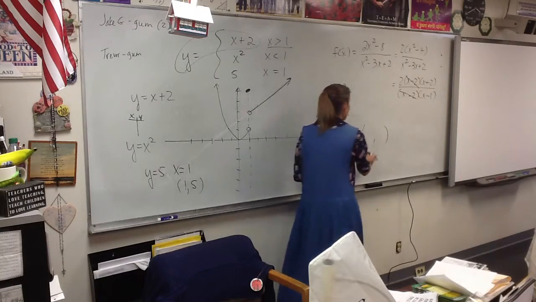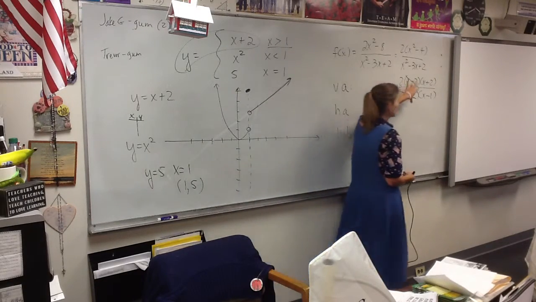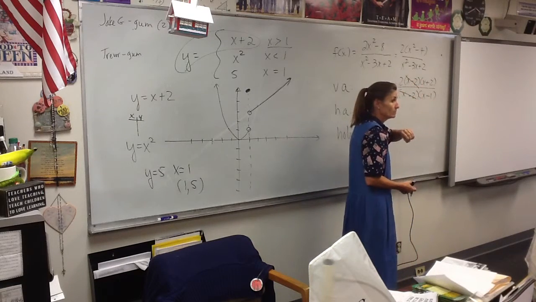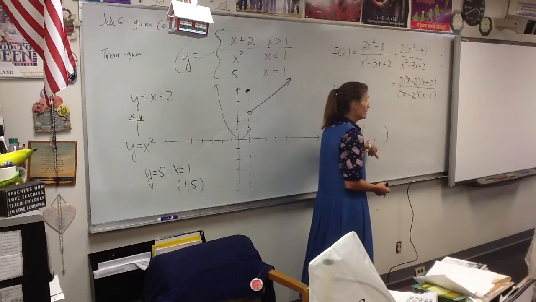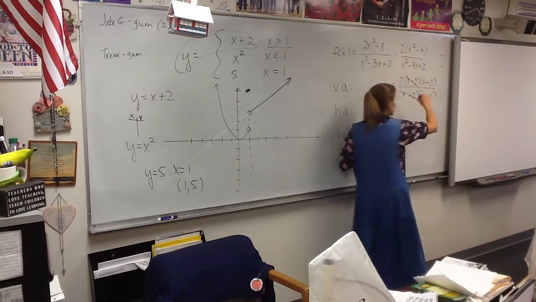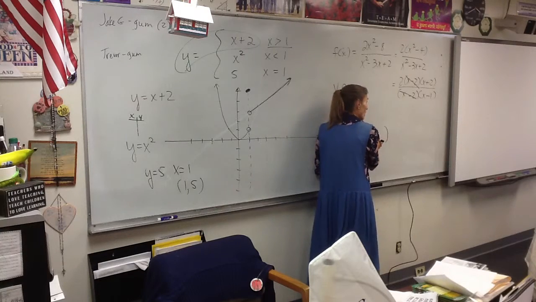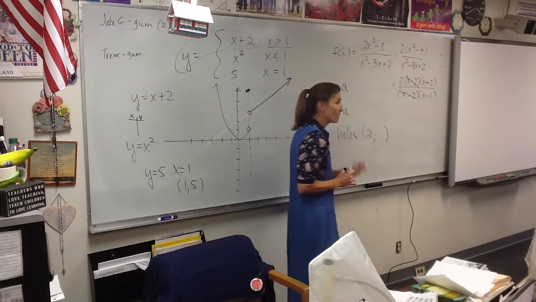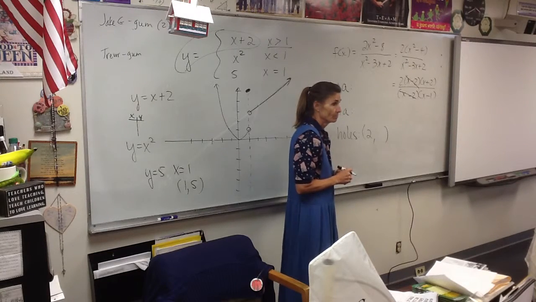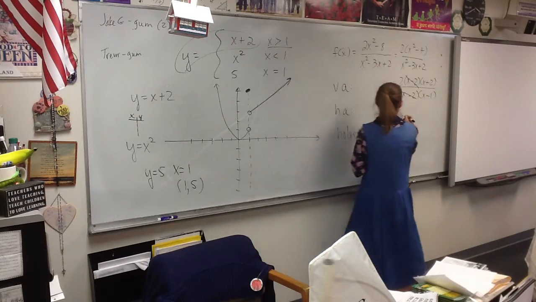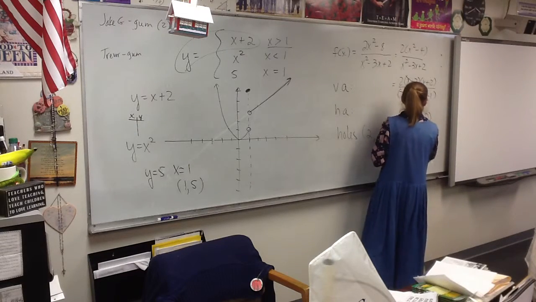The hole is a point. Whatever you canceled will give you your x. We canceled out x minus 2, so we're going to have a hole at 2. Remember, it's always the opposite. And our new problem is this.